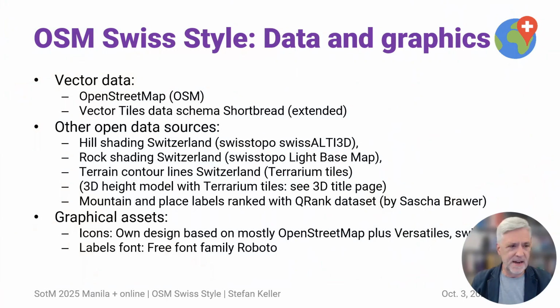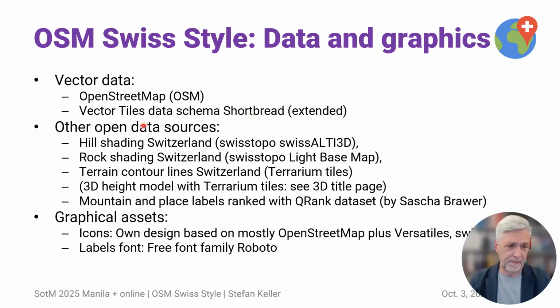And what's to say about the data and the graphics once again? It's vector data, as you suppose, and we chose the schema from Shortbread, which we had extended for our needs, which is an interesting thing to follow and make it as good practice how to do that.